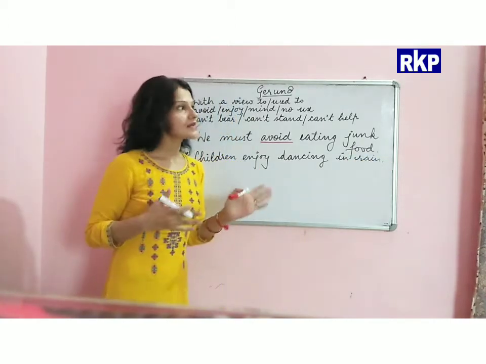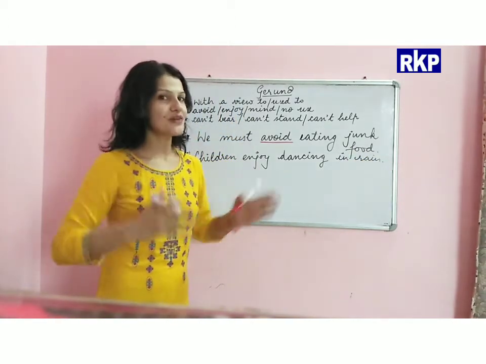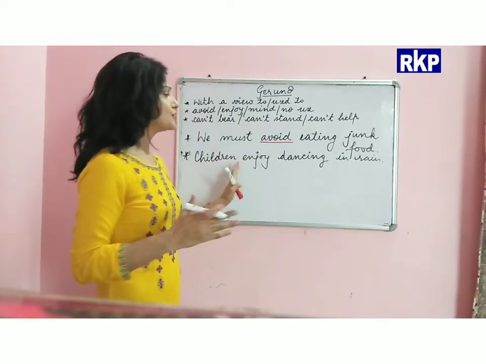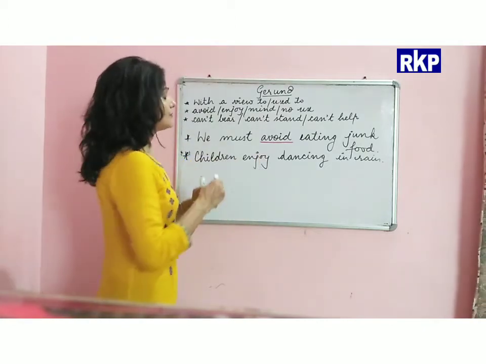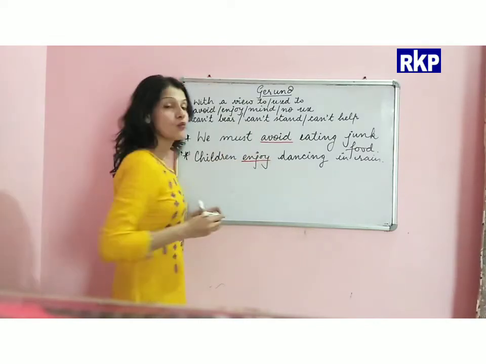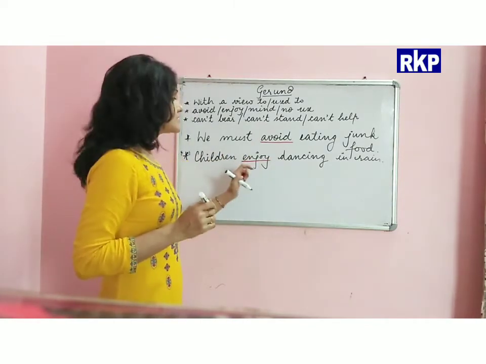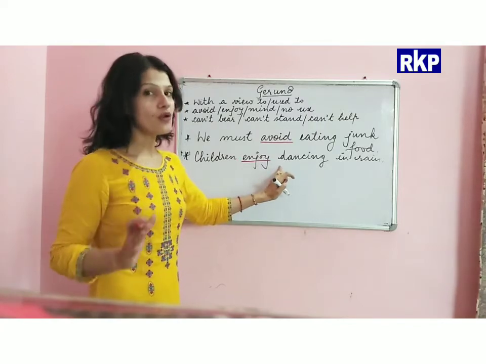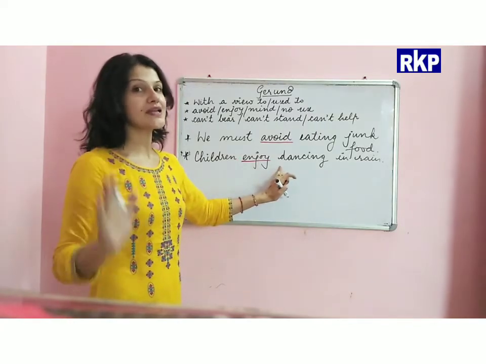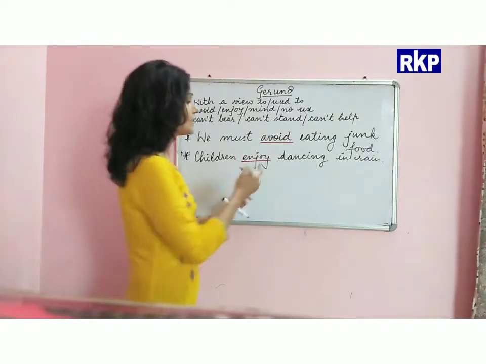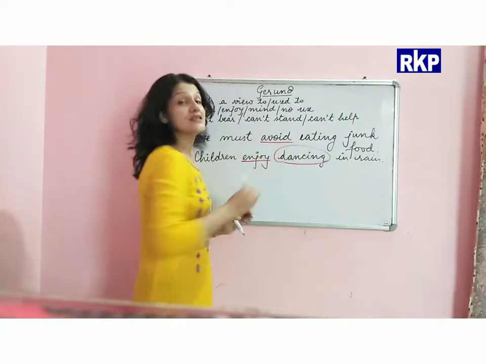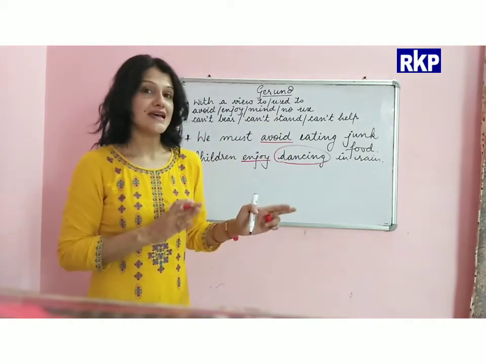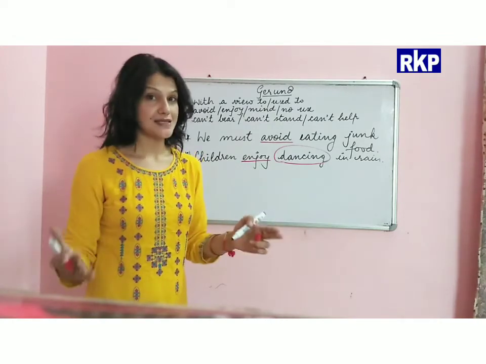Okay, so this is what I have seen, so on a general basis I am saying that children enjoy dancing in rain. Now here is a verb enjoy, after which we always use a gerund form of verb. Okay, so that is the reason we have used dancing instead of to dance.